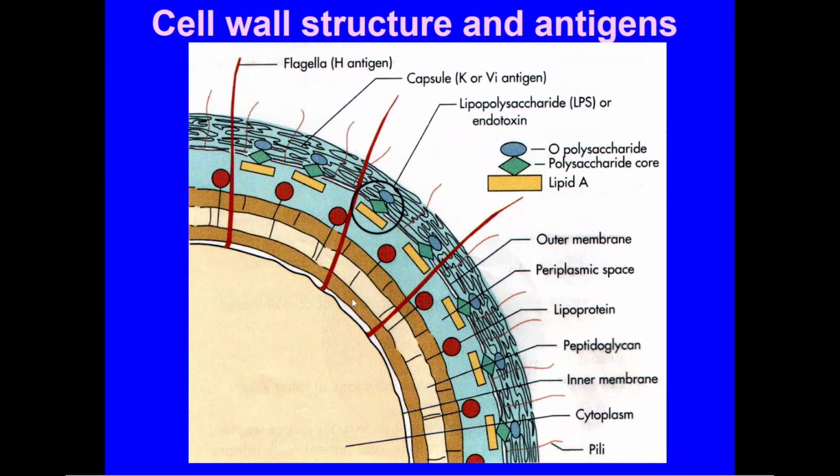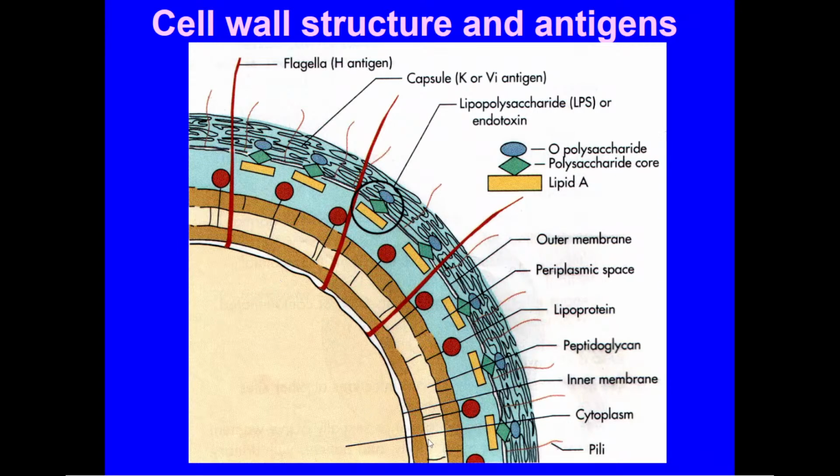The structure of the cell wall and the antigens found in the cell wall of gram-negative bacteria. You can see here, in gram-negative bacteria, there is the inner cellular membrane, the plasma membrane.